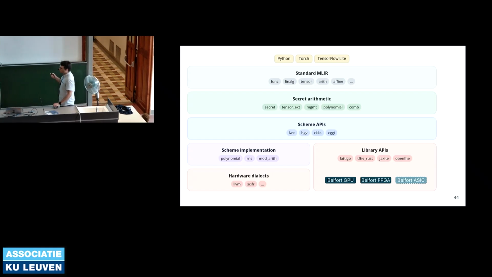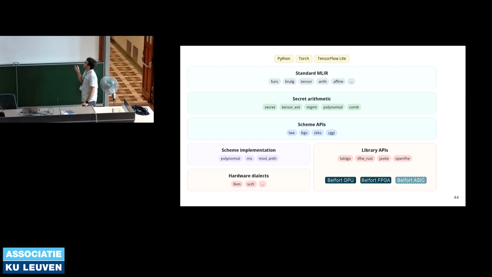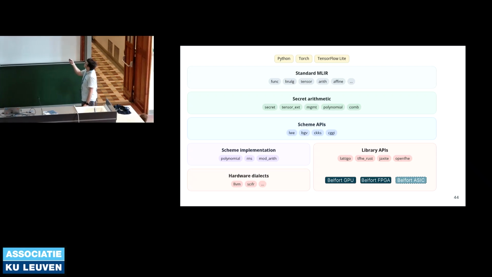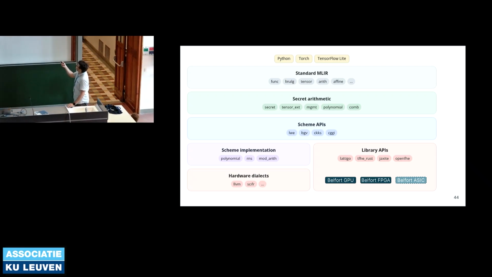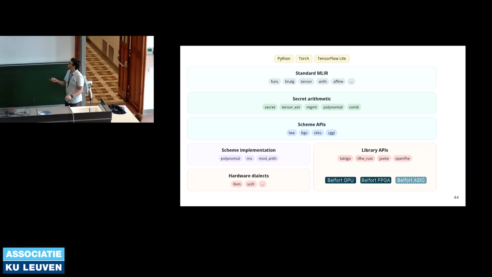What is very nice about this model is that the Belfort GPU maybe knows very well how to do this matrix vector multiplication, because it's going to keep all the data resident on the GPU. It's going to avoid memory transfer between the GPU and the host, and it's going to do all sorts of optimizations.